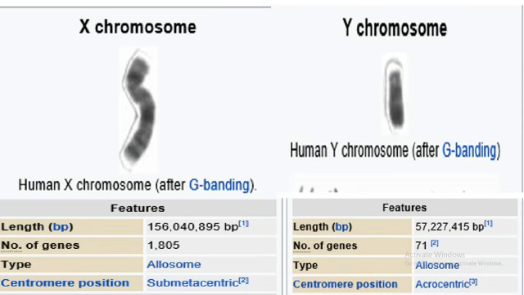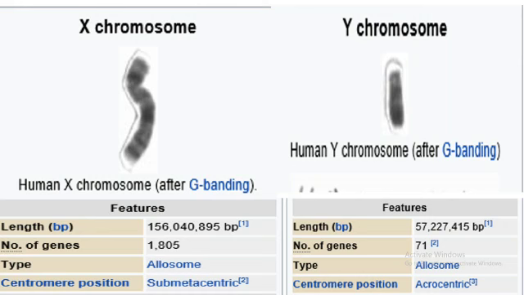When you compare the X chromosome with the Y chromosome, the length is quite big, and the number of genes present is also more. This is in human beings. In the X chromosome the number of genes present is 1805, whereas in the Y chromosome it is 71. That is why the length of the X chromosome is quite a bit more than the Y chromosome.